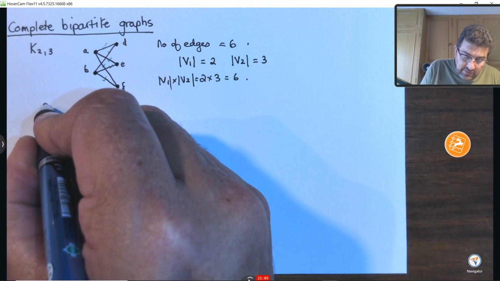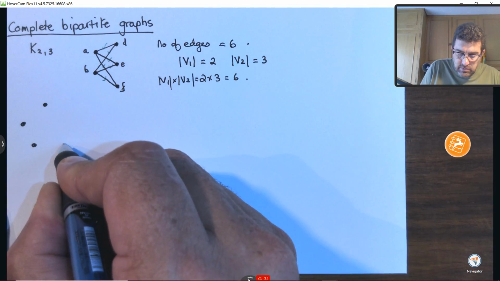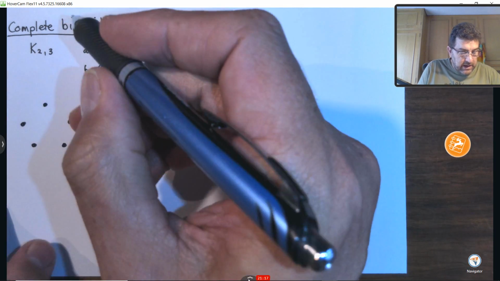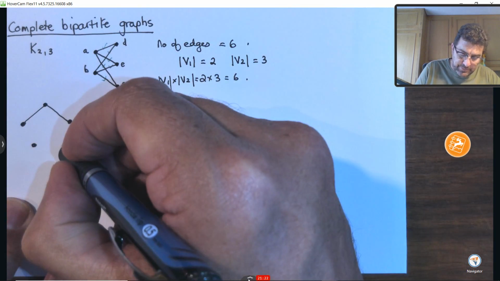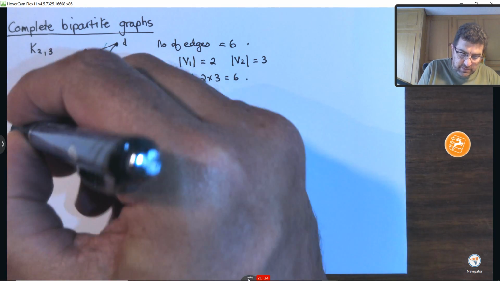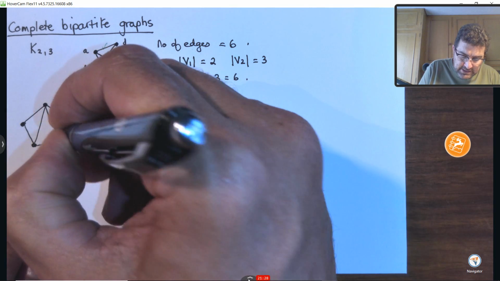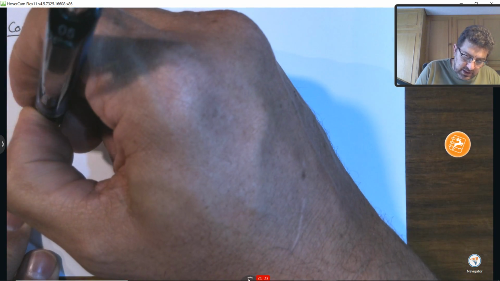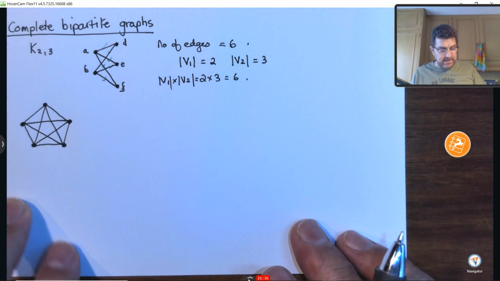If we have this complete graph, and we'll talk about whether it's bipartite now, and I join these, what am I doing? I'm joining them so that they are all adjacent. And in a bipartite graph, we do not have adjacency within a set.